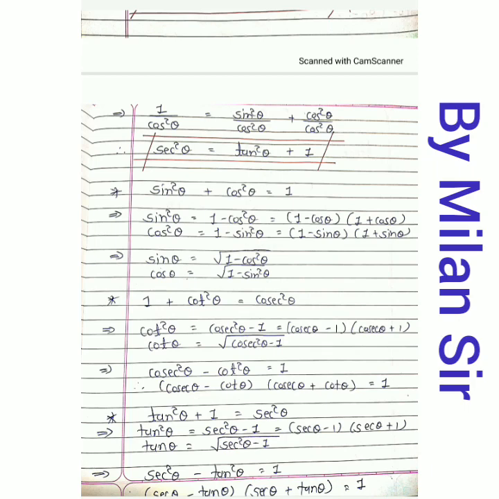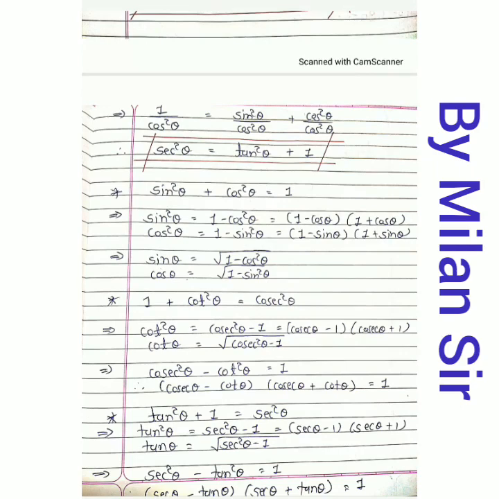Okay. We don't know which type of question will be asked in our board exam question paper, right? So I try to explain all the forms of this formula. Okay, we do not need to remember all these formulas, we can derive them, and that method I am explaining to you right now.